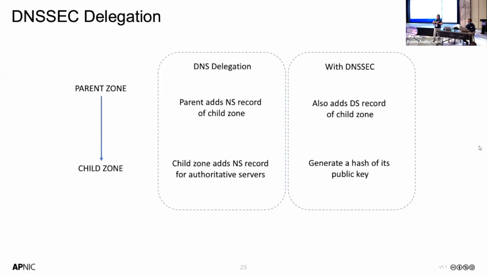With delegation, you would usually add an NS record to the parent. And if you add DNSSEC into that, you will also provide the hash of that public key to the parent zone, either automated or manually. And then the parent will need to add it into its zone, so when you query, you have that link, and that is cryptographically verified.